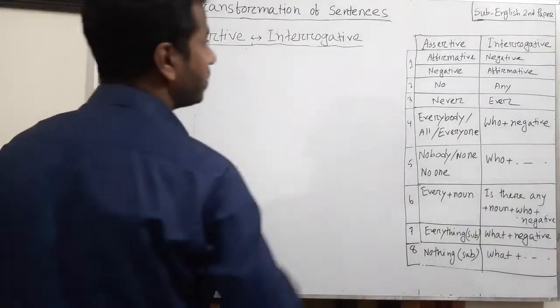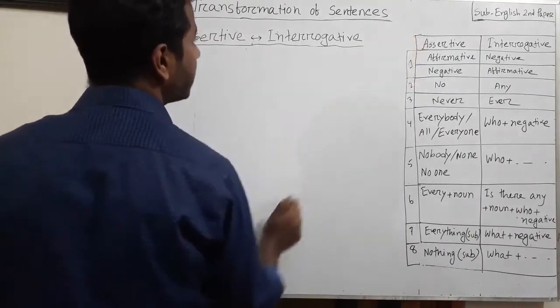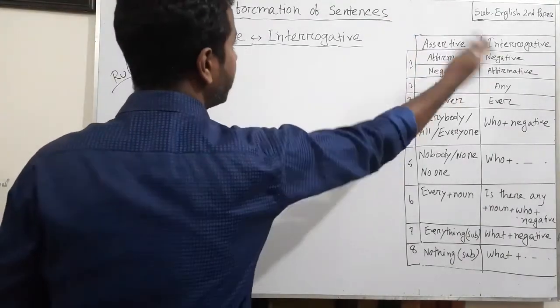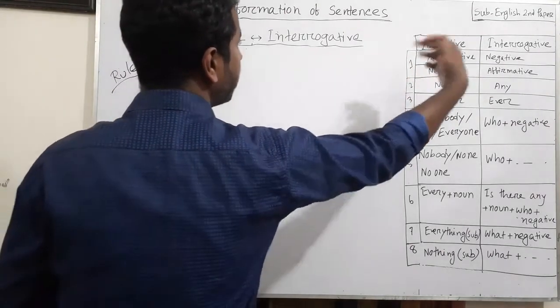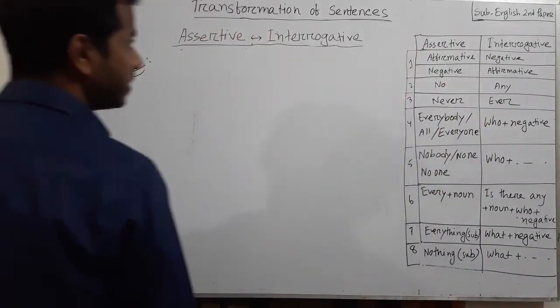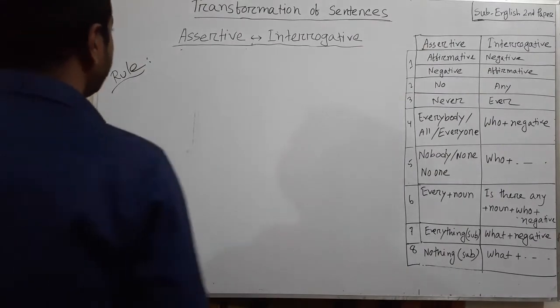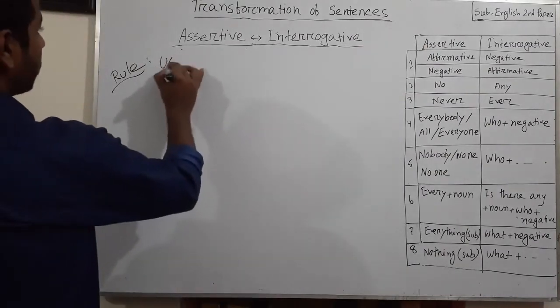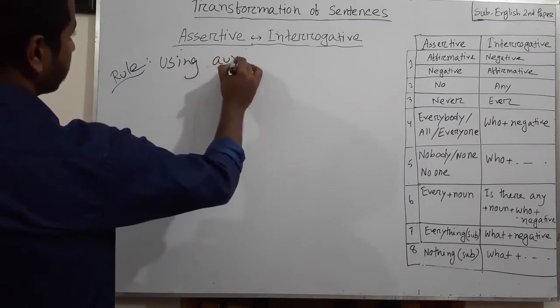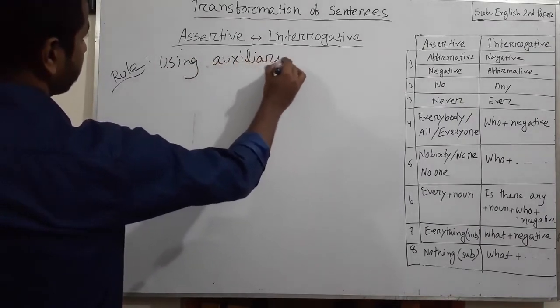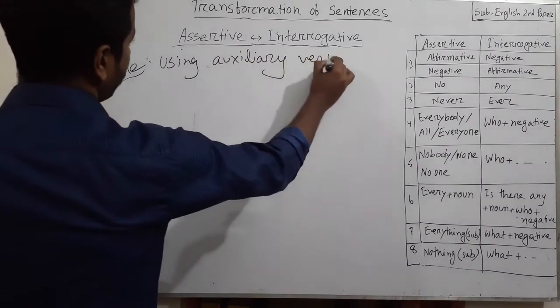Here I have written that if an assertive sentence is in affirmative form, it will be negative in interrogative sentence. If an assertive sentence is in negative form, it will be affirmative form in interrogative sentence. Okay, so how? First of all, using auxiliary verb.